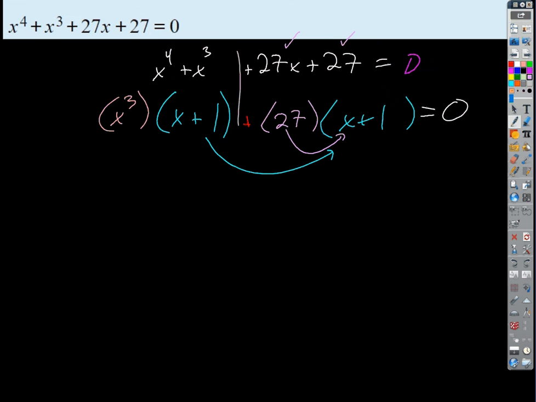Okay, now, Riley, what can I undistribute from both groups? Not a 1. What have we done the last 2 times? X plus 1, right? X plus 1. And whatever fills in the leftover factors, remember, they have to be the same, so that's what we undistribute.